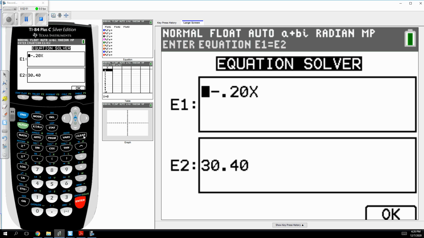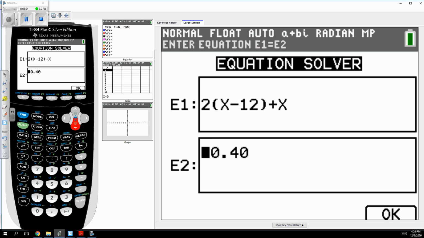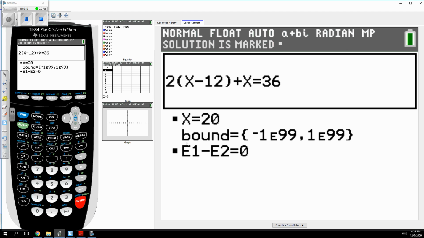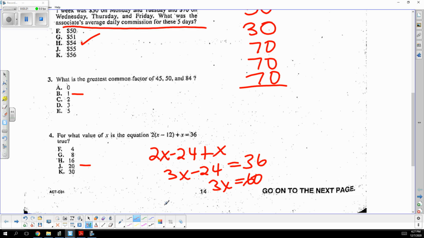Remember that if you have this new calculator, you could put in x minus 12 plus x for the left side, and for the right side, you could put in 36. You hit OK. Just hit OK twice. I have to go alpha solve on this slightly older model to get 20.